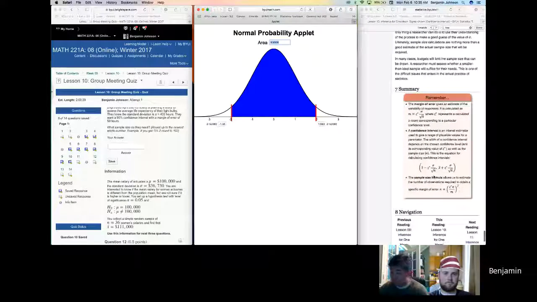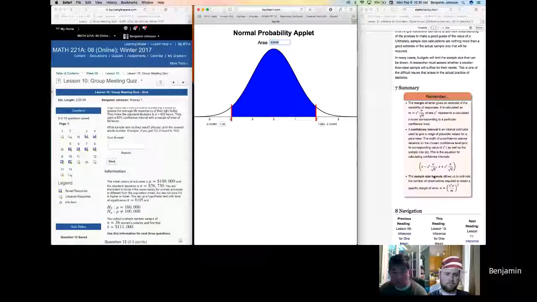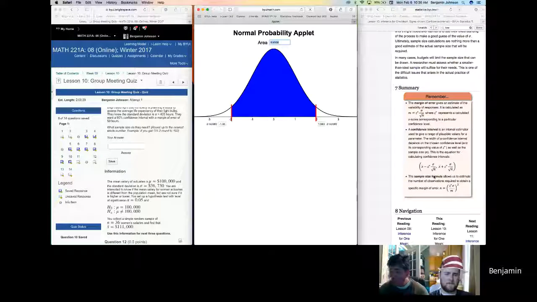Okay, sample size, n equals z-score 1.960 times the standard deviation of 400 over the margin of error. So, how do you calculate the margin of error? Oh, it's 50, right? Yes.